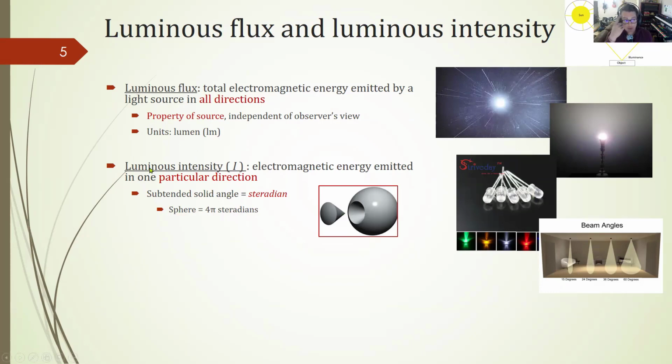The difference in those two is a multiple of 4 pi, because I'm either talking about everything, divided by 4 pi, and that's 1 steradian, or if I multiply that 1 luminous intensity times 4 pi, it's a way to approximate the total energy in that source, the total luminous flux.